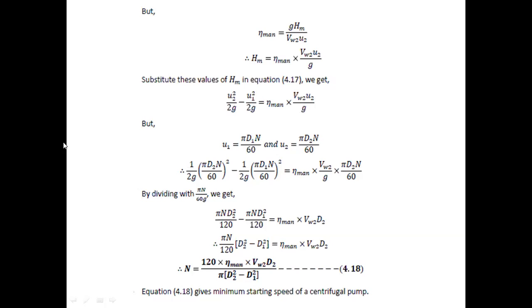Then, putting the values of U2 and U1 as pi DN by 60, we take pi N by 120 common from this equation, and after rearranging to find N, we get N equals 120 times the manometric efficiency times V_w2 D2 upon pi times D2 square minus D1 square. This equation gives the minimum starting speed of a centrifugal pump.